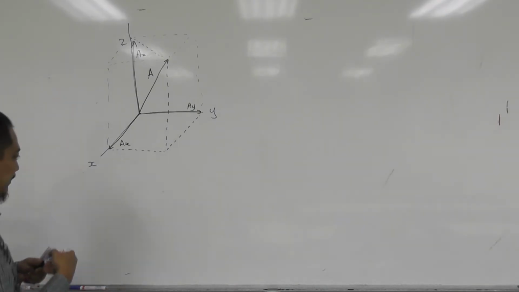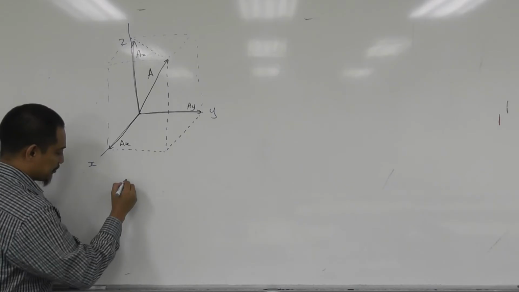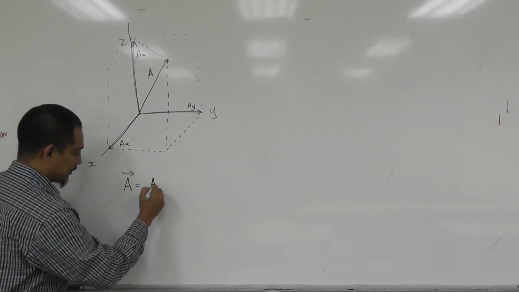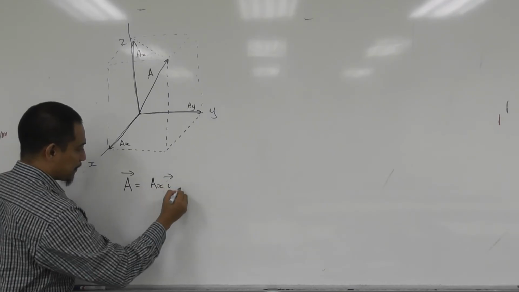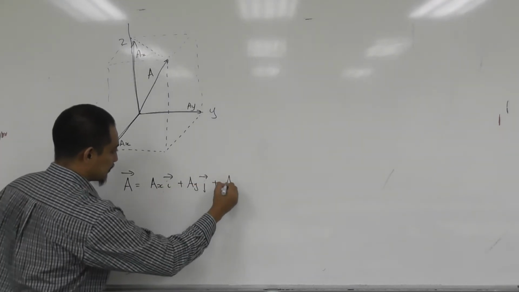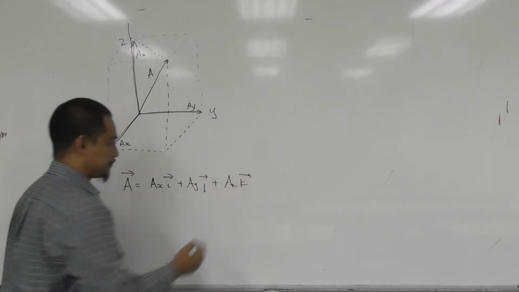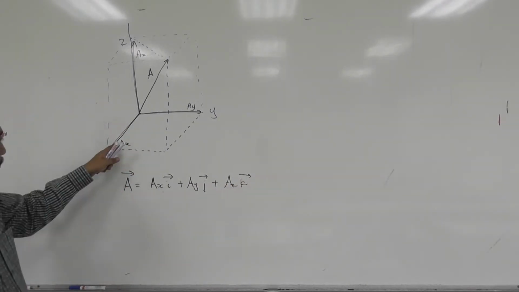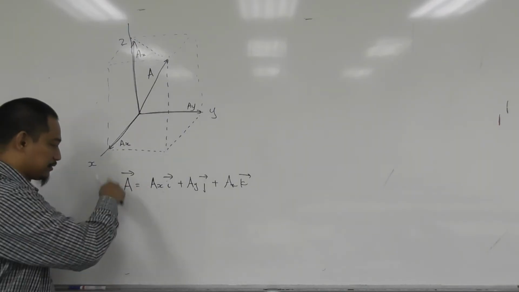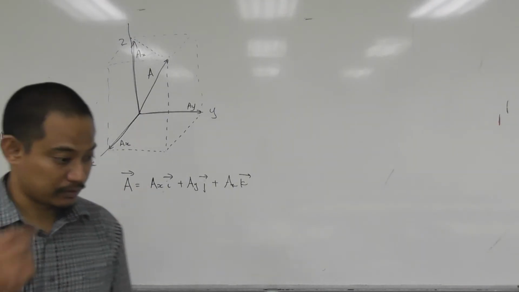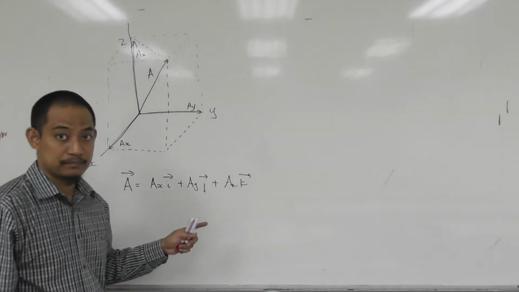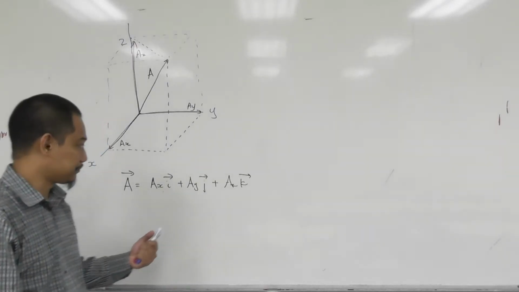So in Cartesian vector notation, you'll have vector A is AXi plus AYj plus AZk, right? So X component, Y component, Z component give you that resultant in terms of vector, right? So how to relate the magnitude then? How to relate the magnitude?